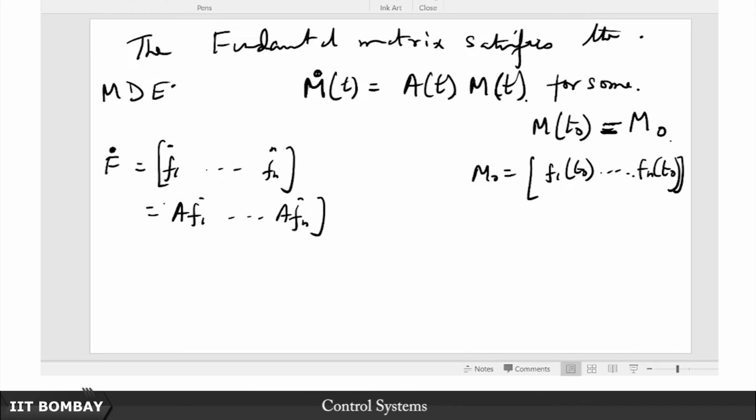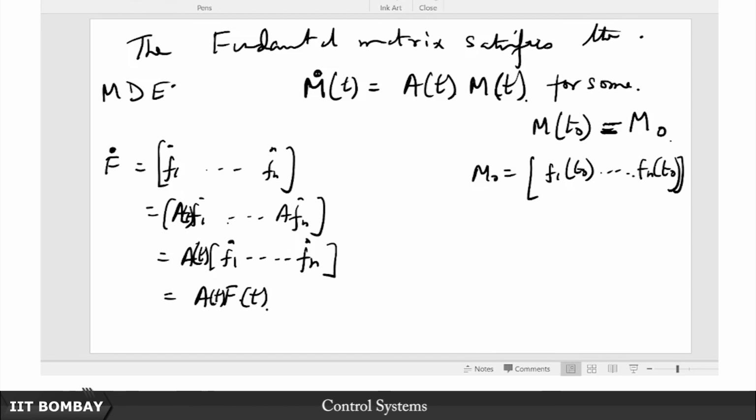You can pull A out, so this is A times f1 till fn, which is nothing but A(t) F(t).